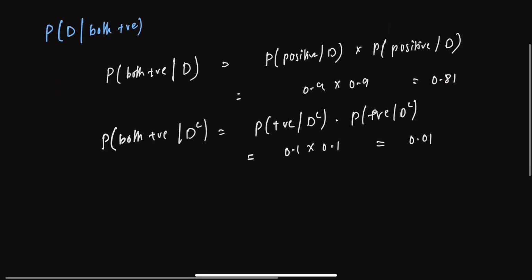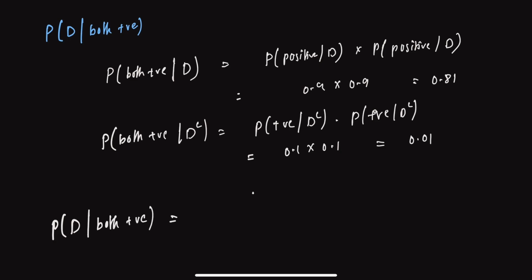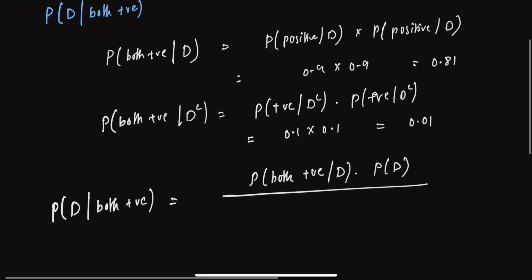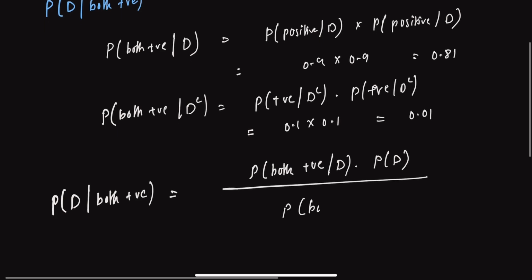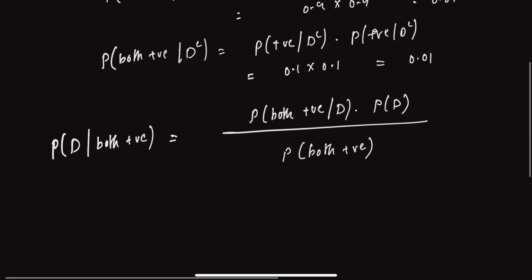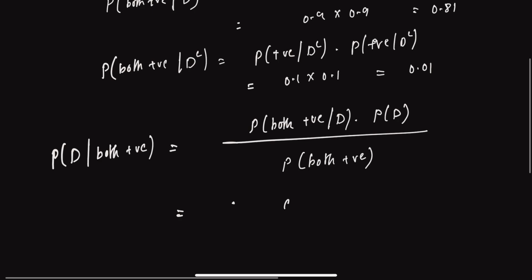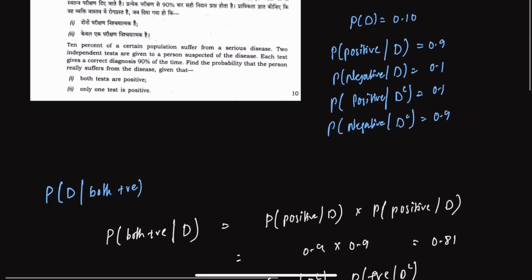So now, to find the probability of the person having the disease given both tests are positive, by using Bayes theorem, it is the probability of both tests positive given the disease into the probability of the disease, divided by the probability of both tests being positive. The probability of both tests positive given the disease is 0.81, into the probability of having the disease.